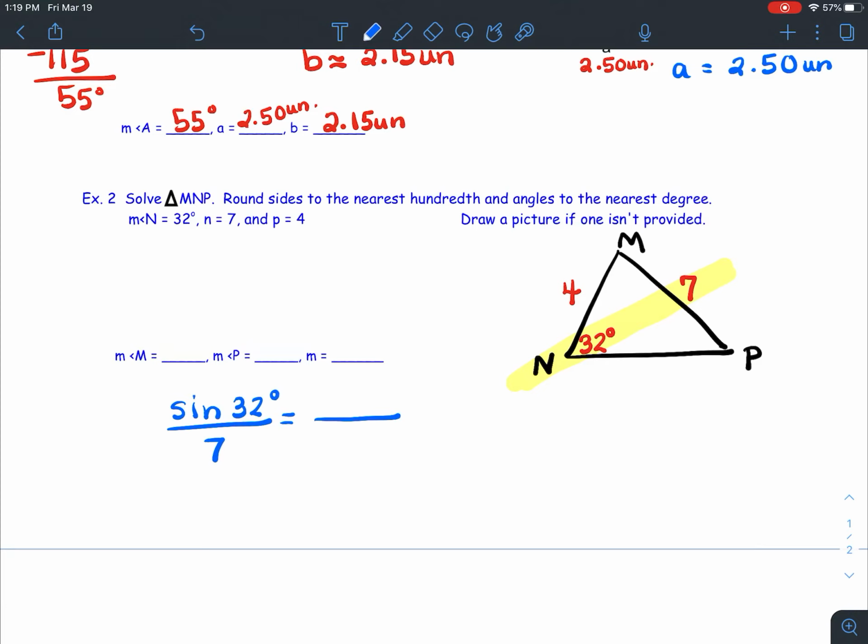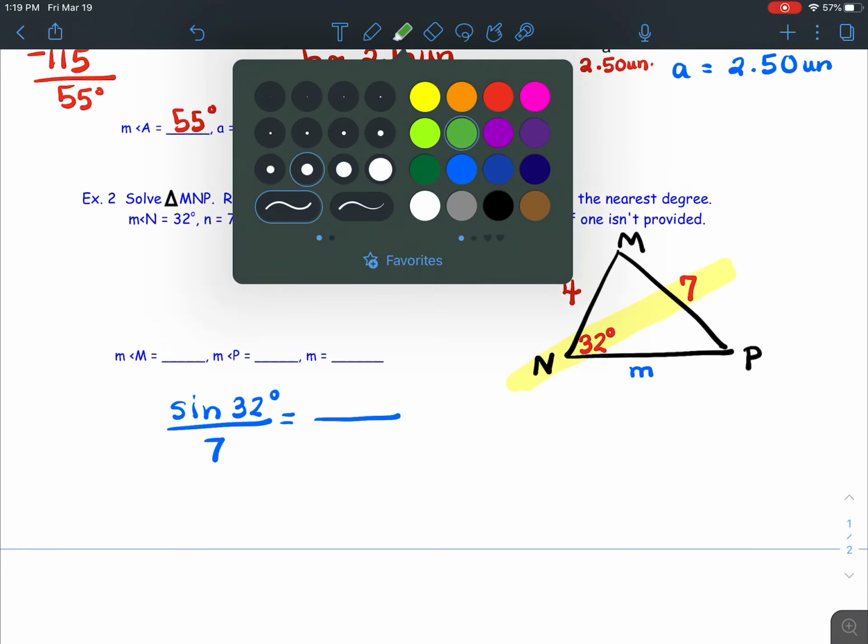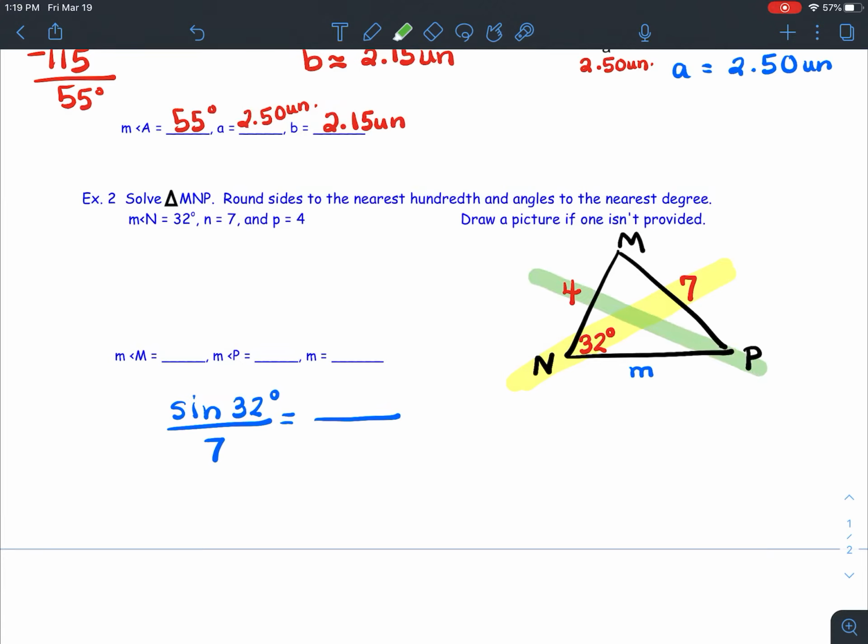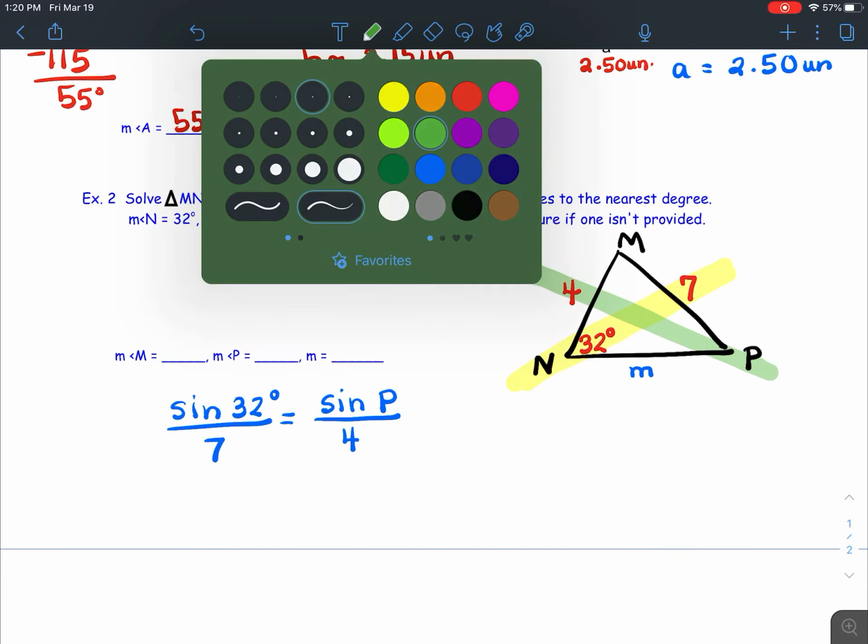Okay, so what we're going to need is technically this is side M. I don't want to incorporate sine of M over side M because I don't know either of those 2 variables at this point. So I technically need to choose something where at least I know one of the pieces, and it feels like that would be sine of angle P over, we actually know that 4 is side P.